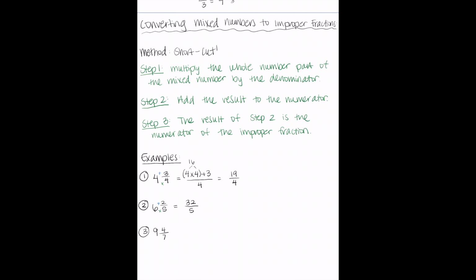So we're going to multiply the denominator by our whole number, 7 times 9. Whatever that is, we'll add 4 to it. So 7 times 9 is 63, plus 4 would give me 67. And then it's going to go over the same denominator of 7, so 67 over 7.